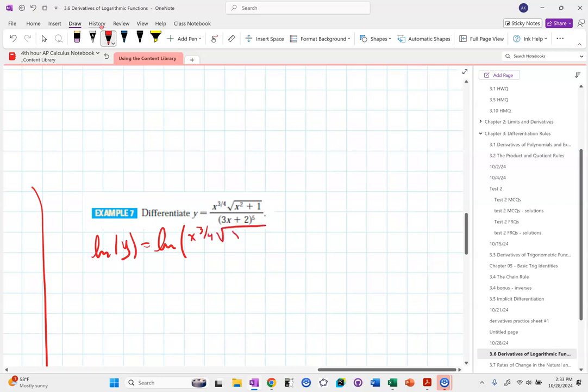You can do that, Mr. Kulik? Absolutely. What good does that do? Well, now I can expand this logarithm, right?